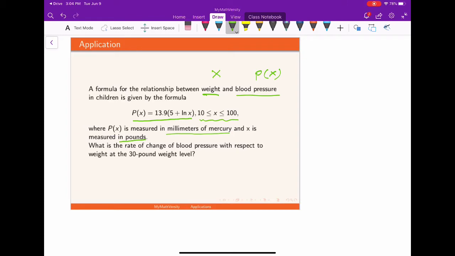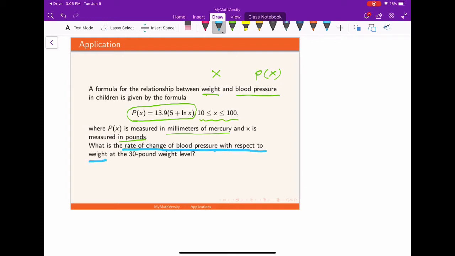This is just the given information, a formula that is a relationship between the weight and the blood pressure. What is the question here? The question is to find the rate of change of the blood pressure with respect to the weight.